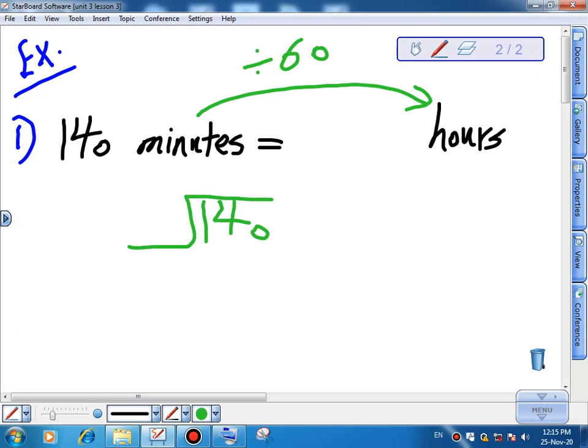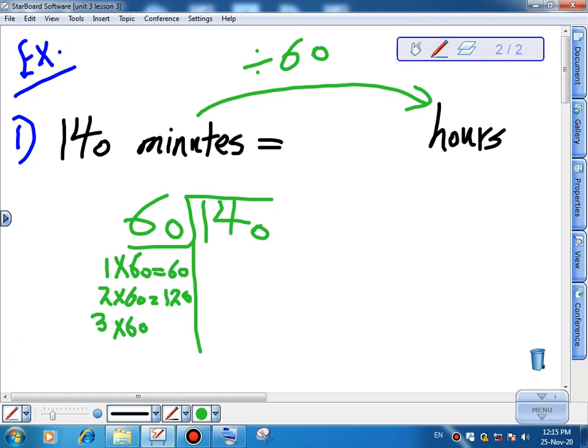140 divided by 60, it will be like a long division. We will search for the nearest number to 140 using 60. 1 times 60 equals 60. 2 times 60 equals 120. 3 times 60 equals 180, which is greater than 140, so we will choose 2.